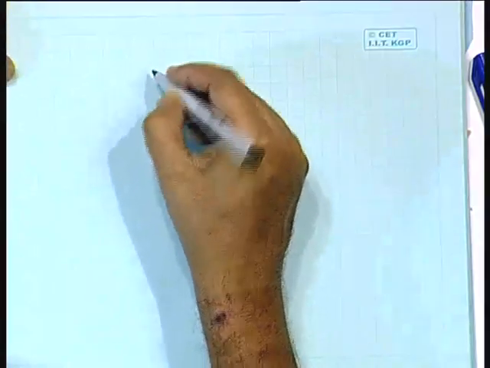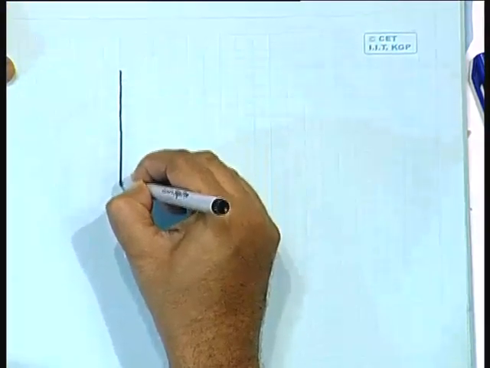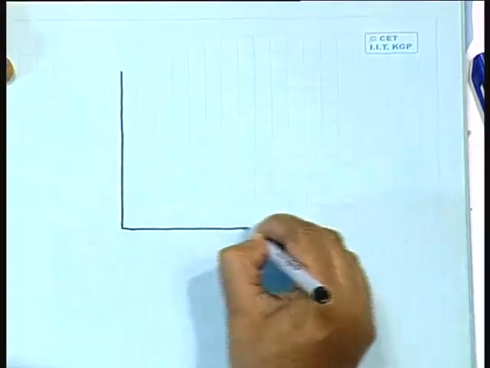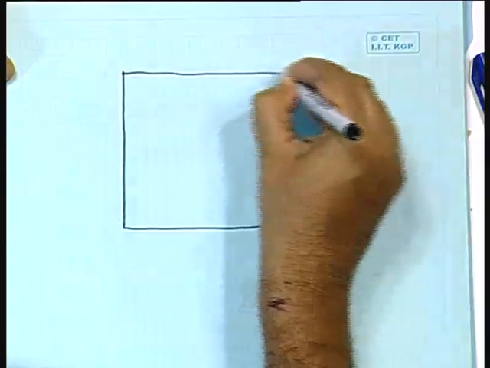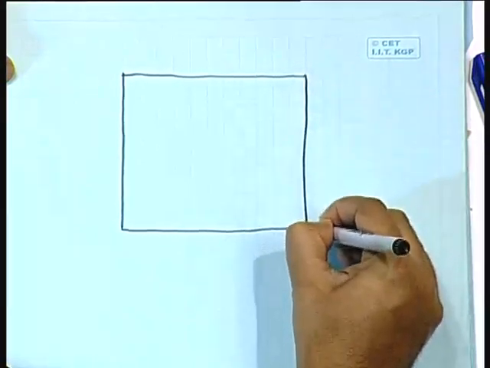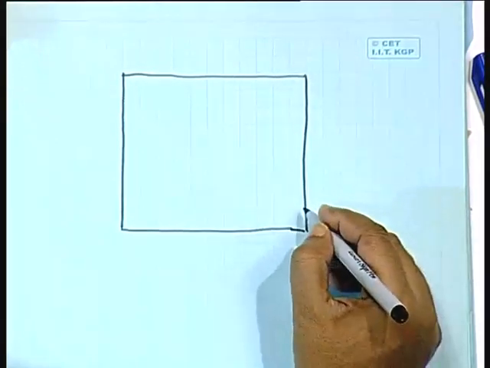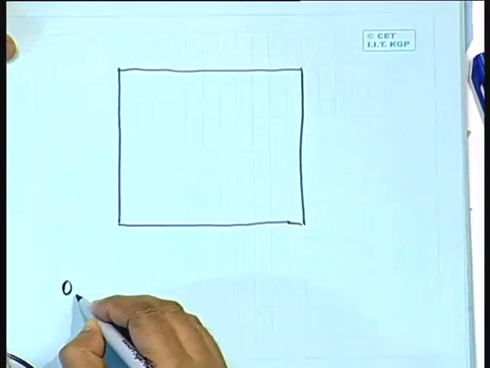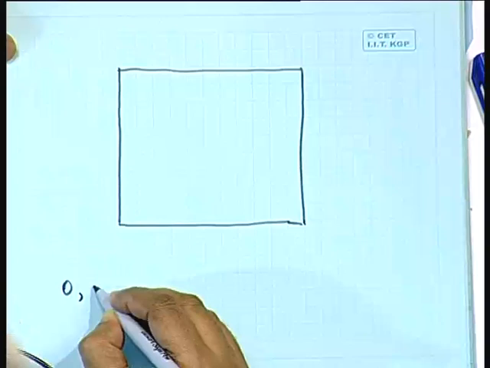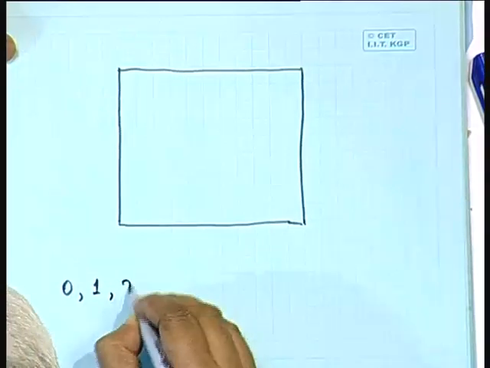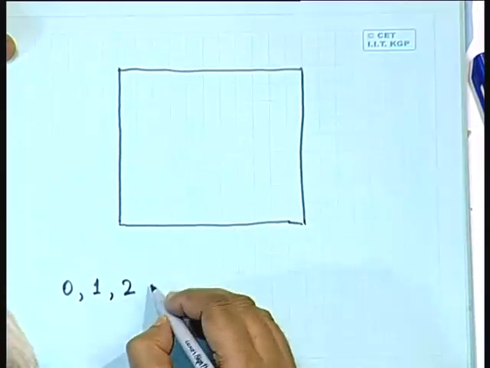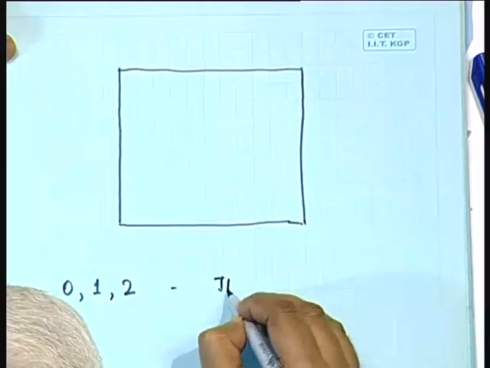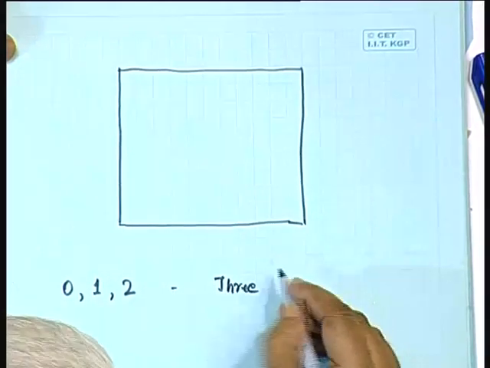Let us say this is a video frame which is to be encoded, and let us define three different slice groups, labelled slice group 0, slice group 1 and slice group 2.